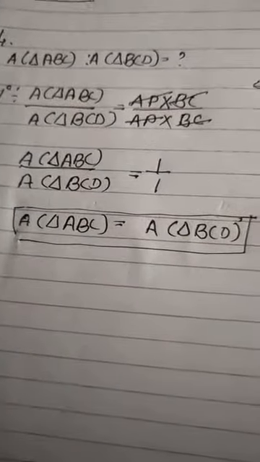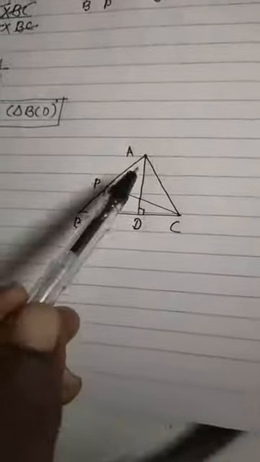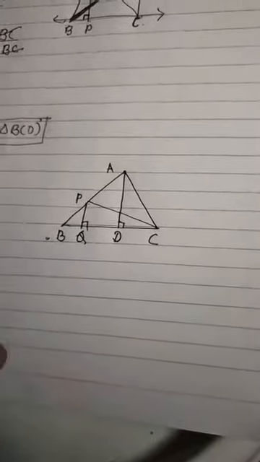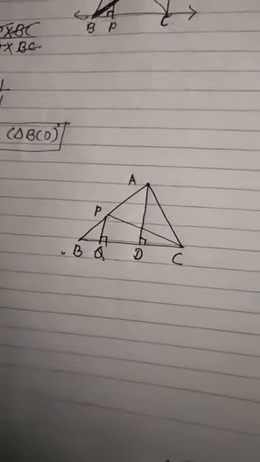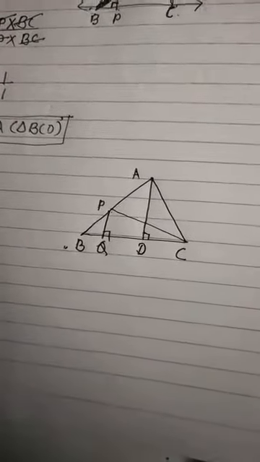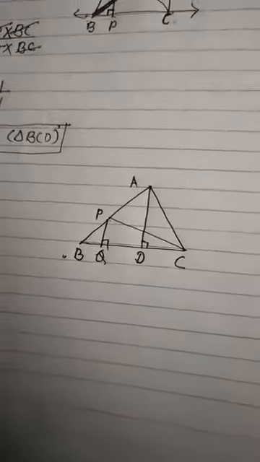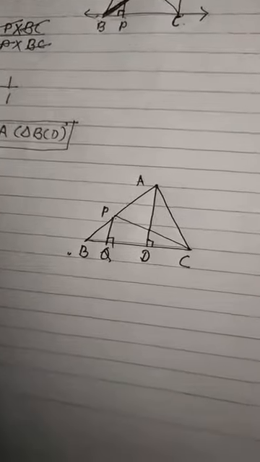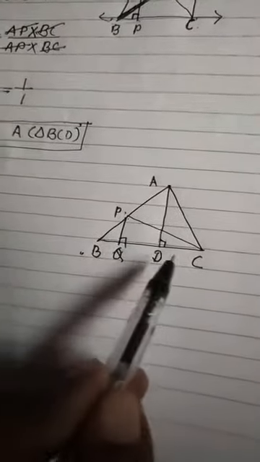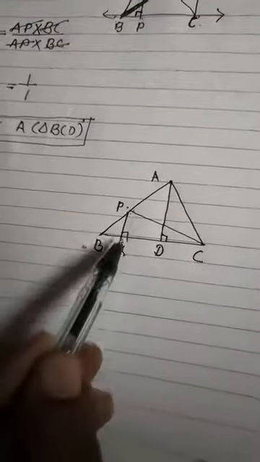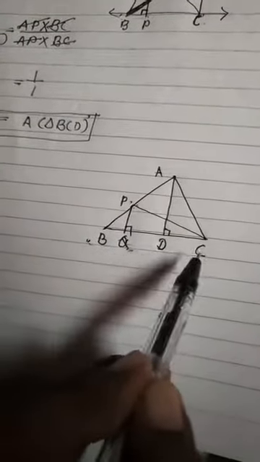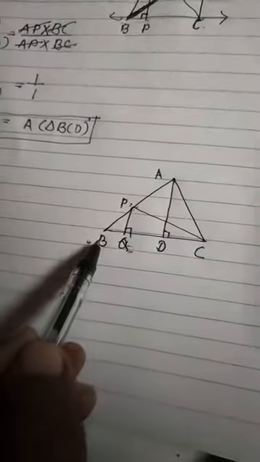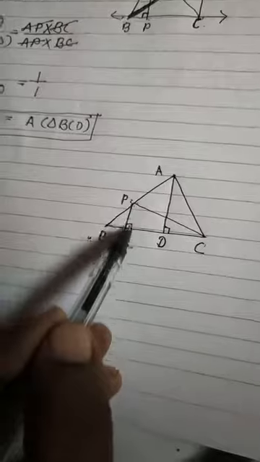See, in the last, the fifth sum: AD is perpendicular to BC and PQ is perpendicular to BC. We have to find first the ratio of the area of triangle PQB upon the area of triangle PBC. You have to see all the terms carefully. For PQB and PBC, I think the height is the same.